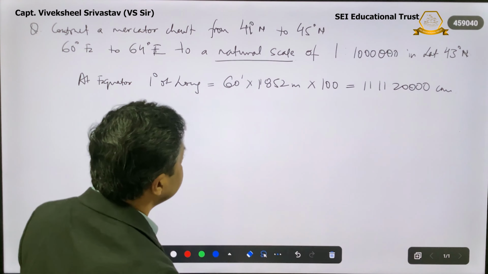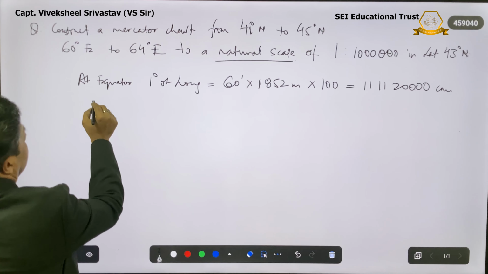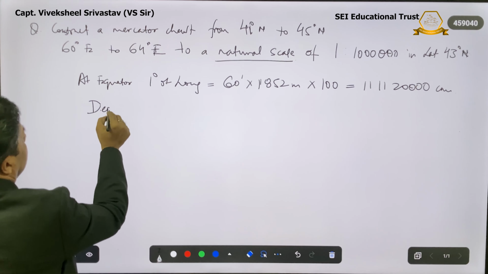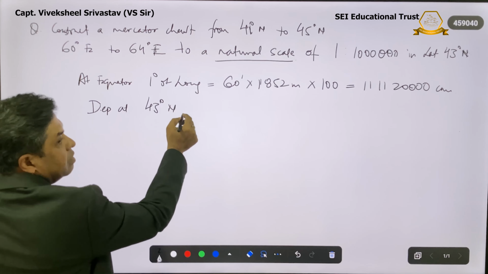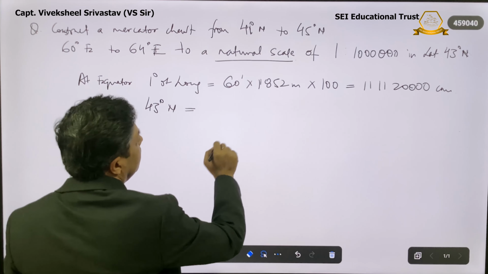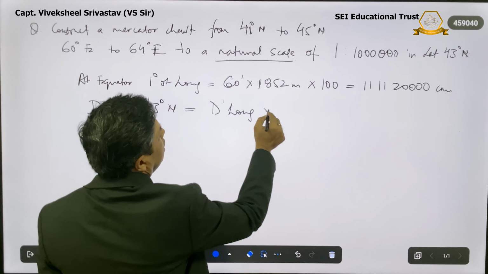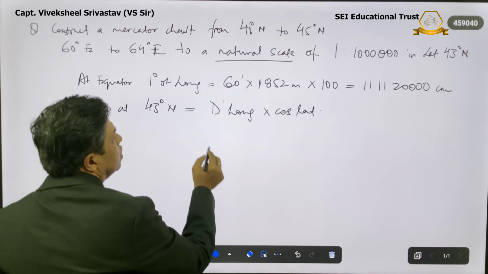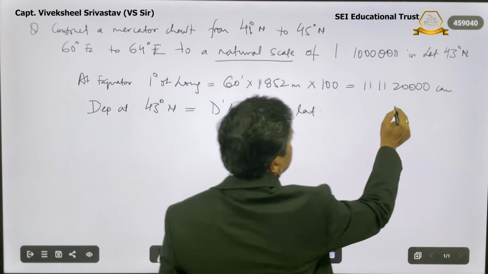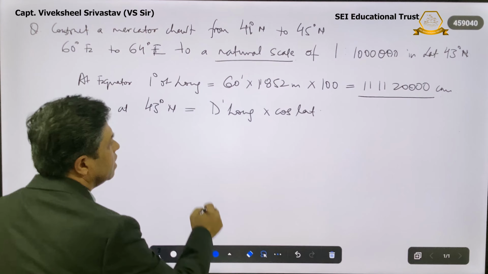All right, so what will be the departure at 43 degrees north? The departure will be the d long into cos of that latitude, as we have seen earlier. So the d long is this much centimeters, right?